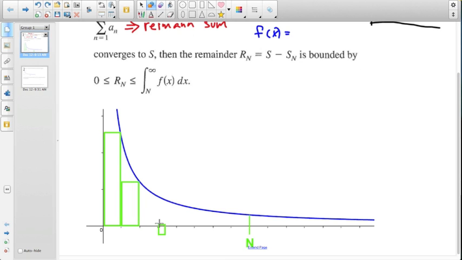And so if I look at this right Riemann sum, I can get a Riemann sum looking picture here as I approach some value n. This Riemann sum is really what we think of as the sum of the series.